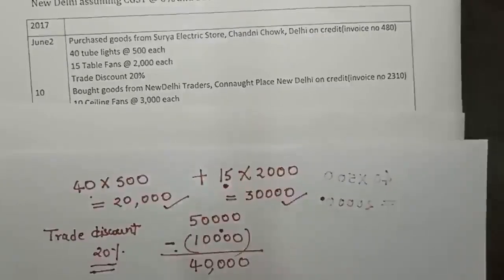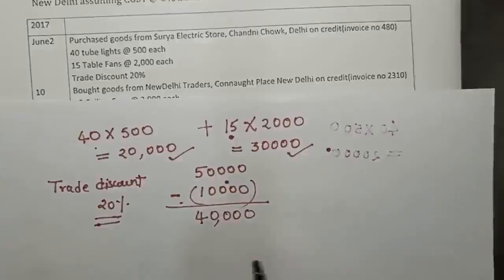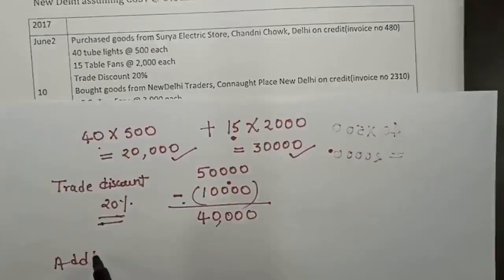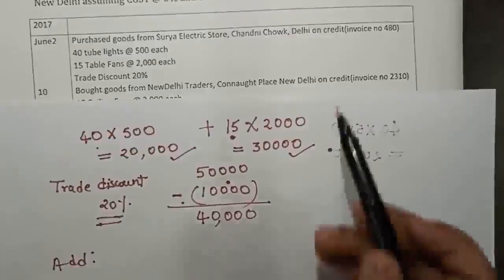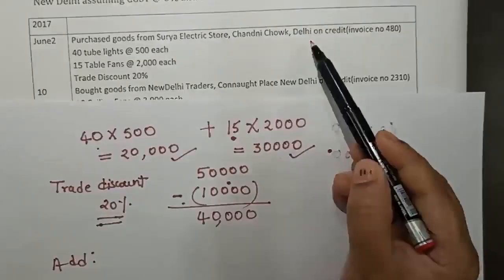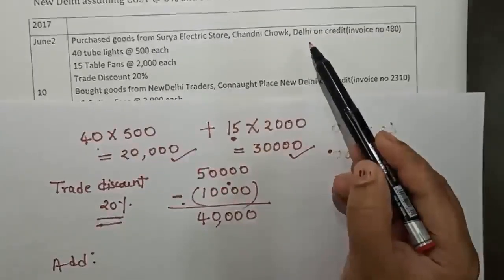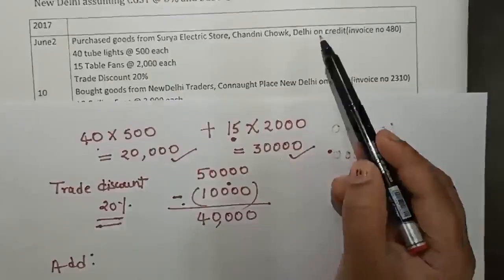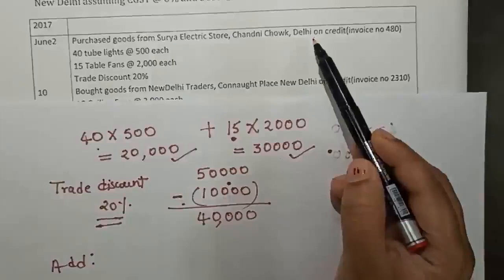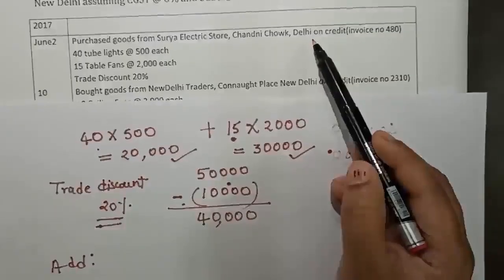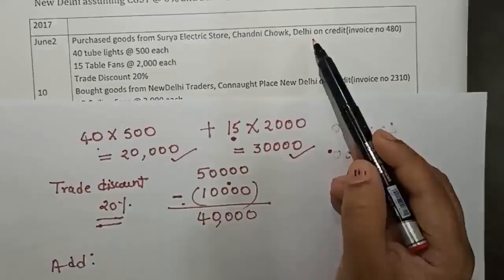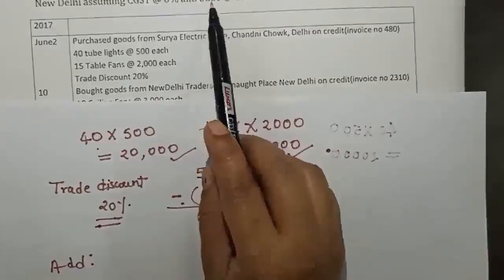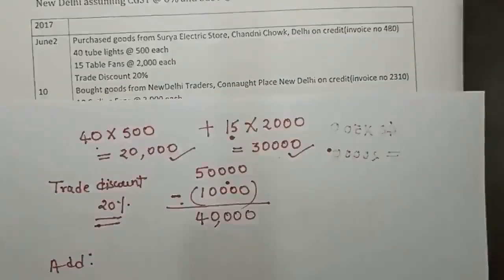Now next step will be what? After doing this, we have to add the taxes. Now here it is being purchased from a shop which is there in Delhi. So what we have? GST, which will be CGST and SGST, not the integrated goods and service tax.